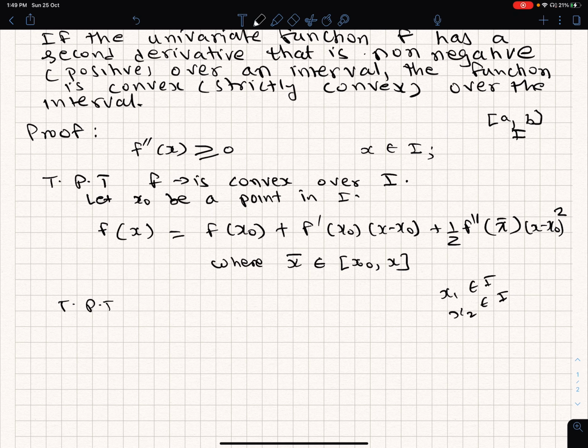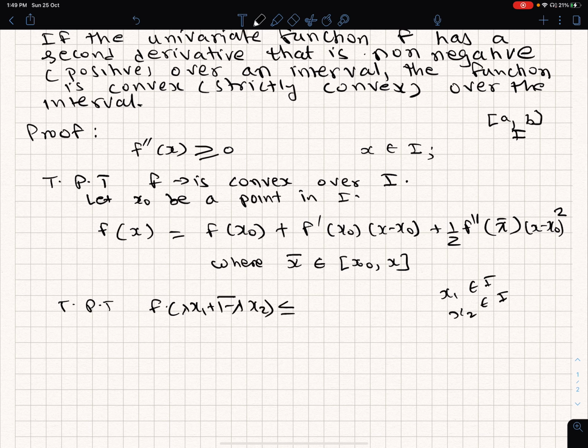That f of lambda x1 plus 1 minus lambda x2 is less than or equal to lambda times f of x1 plus 1 minus lambda times f of x2, where lambda is between 0 and 1. This is what we mean by convexity, is it not?